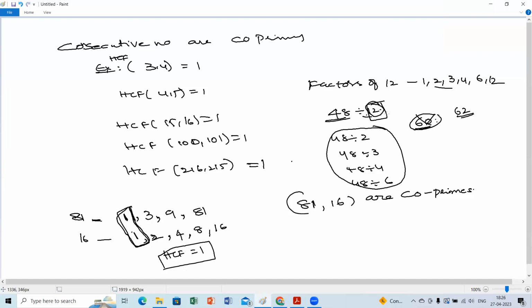What are the factors of 12? You have to check. If 62 is not divisible by 12, then the factors of 12 do not apply. Suppose the number 60 is divisible by 12, then the factors of 12 are also divisors of that number. Okay, ma'am.